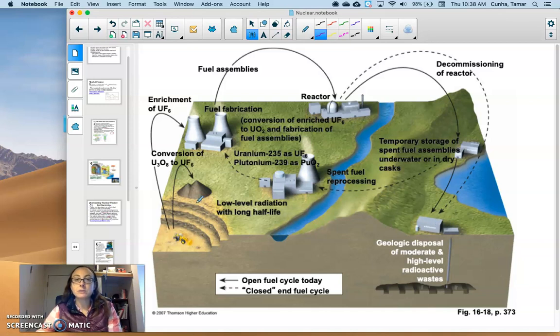This is sort of a one-way trip, but there are places in the world where spent fuel is not treated as the end. It is actually sent back for reprocessing and re-enrichment. And so this is something where countries like France, where it's a lot smaller and the transportation distances aren't as big of a concern, they have been re-enriching their fuel since the 70s and are only now starting to get to the point where re-enrichment is no longer an option.